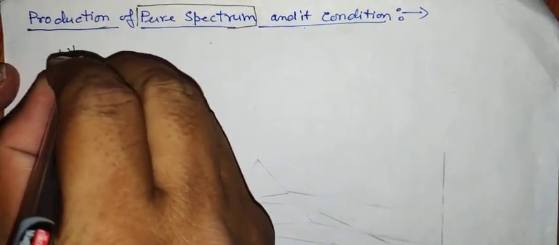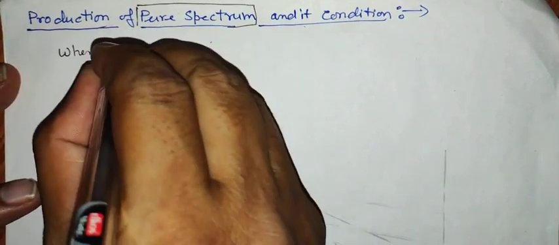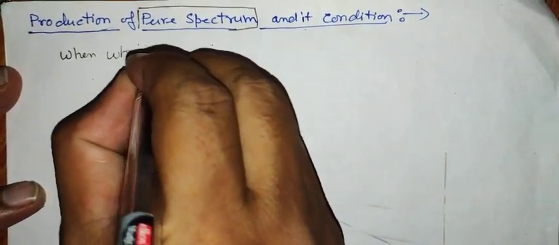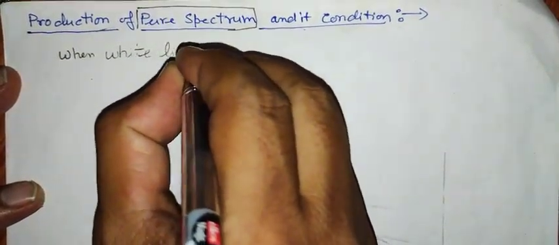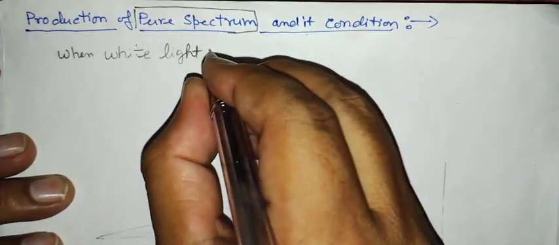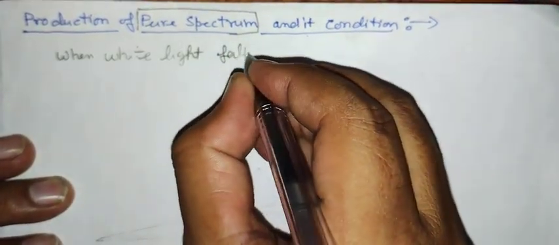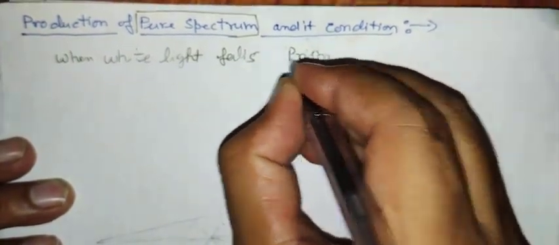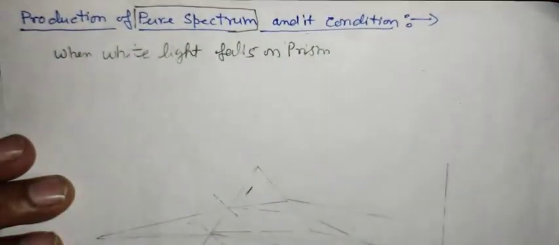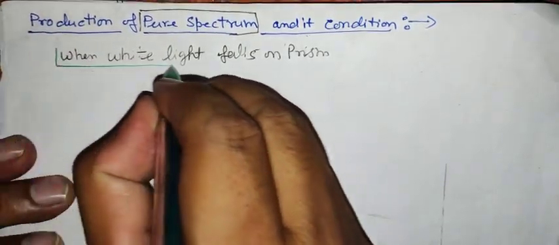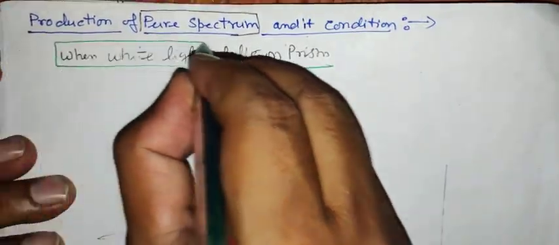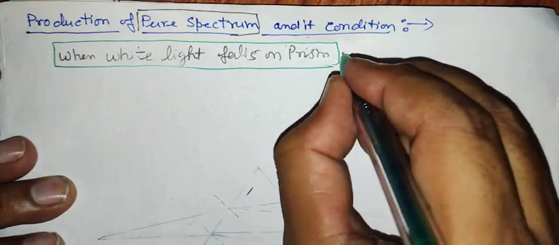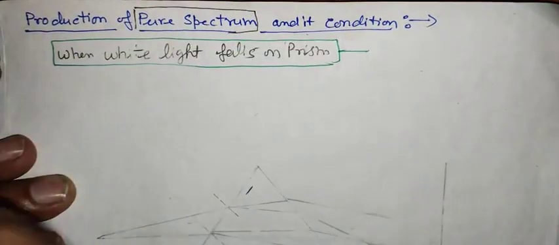when white light falls on a prism, we know that when white light falls on the prism, what happens to this white light?